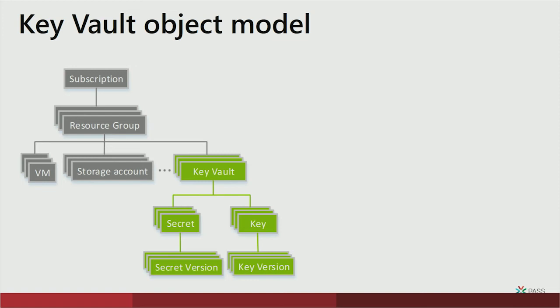The thing we need to remember is that Key Vault has a very simple object model. It is created under a resource group. It has a secret, which we talked about, and a key. Very simple. However, you see under that there are versions.